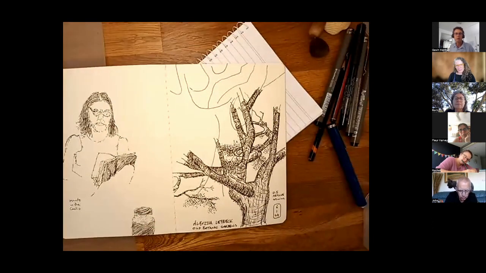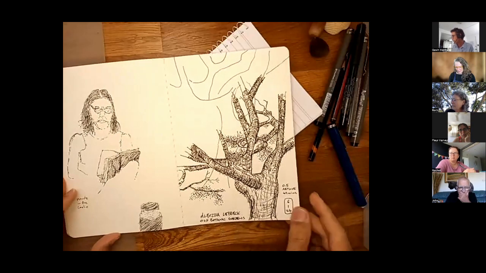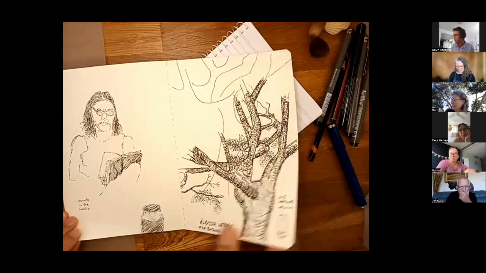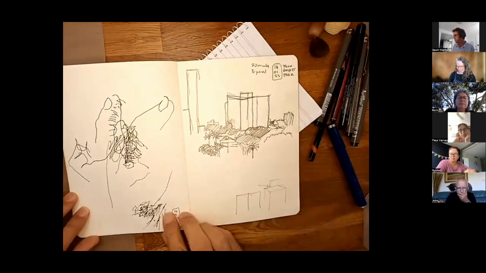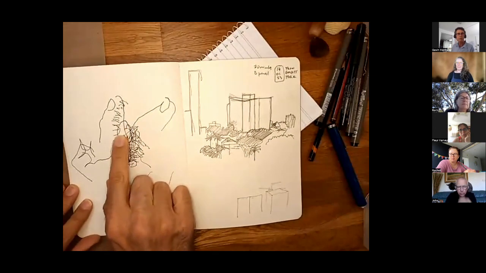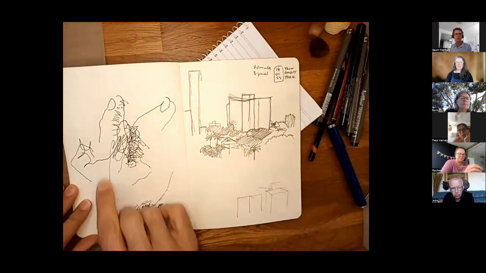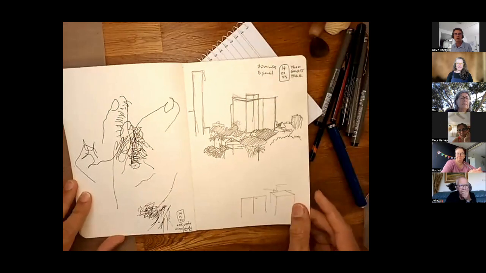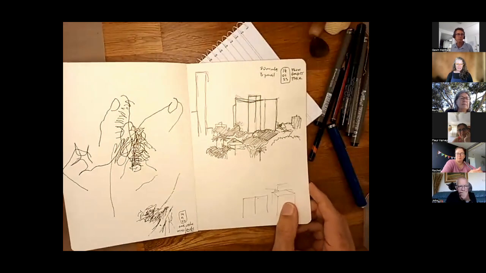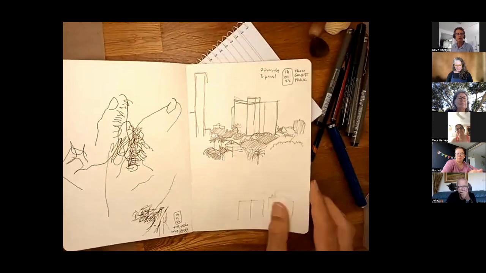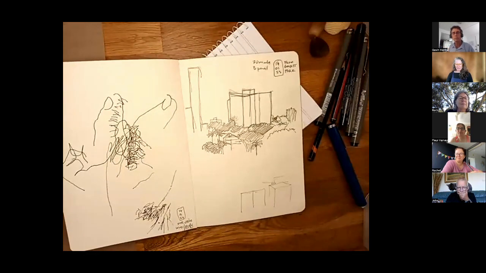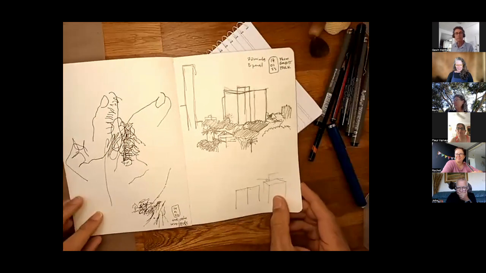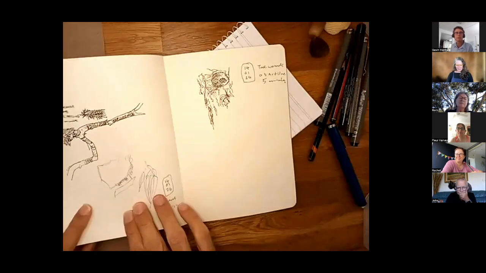You might think they're great or they're not so great, but what these are about, once again, is honing my ability to observe. The drawings here on the left-hand side are called gesture drawings, where I'm not actually looking at the page at all. I'm just looking at my thumb and drawing the contours of my thumb. And that's really helping my observational skills.